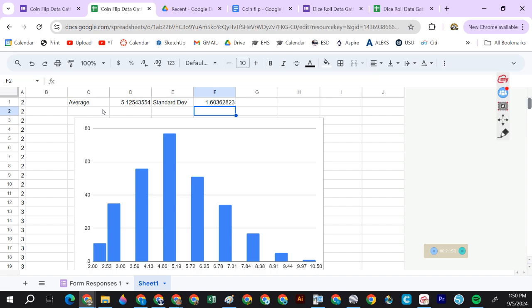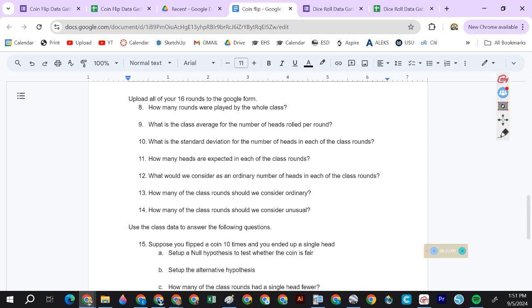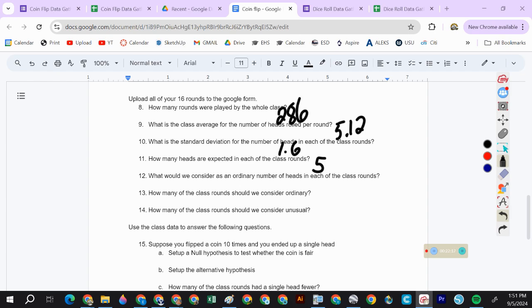Okay. Looking at coin flip. How many heads are expected in each class round? 5. So this is 5.12, and this was 1.6. And this was 286. What would we consider as an ordinary number of heads? Well, are we going to base ordinary off of my sample average or the expected value?